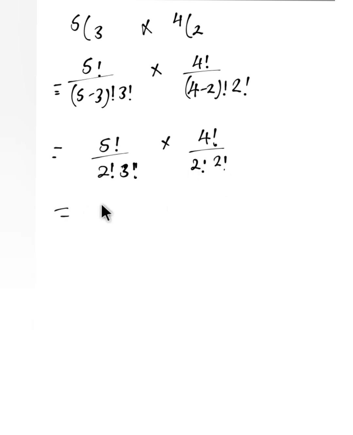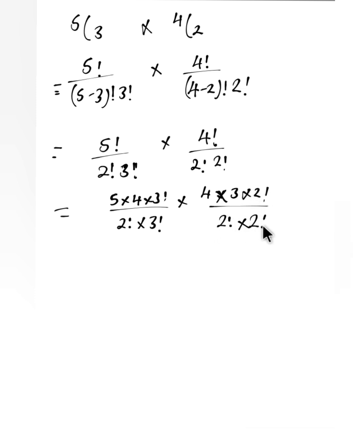If we simplify further, we have 5 times 4 times 3 factorial all over 2 factorial times 3 factorial times 4 times 3 times 2 factorial all over 2 factorial times 2 factorial.